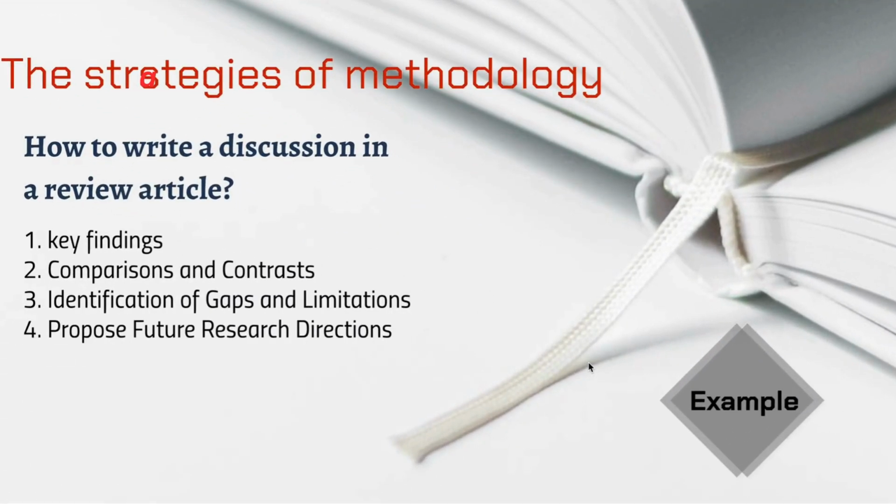Firstly, you have to focus on your key findings. Secondly, try to mention the comparisons and contrasts. And thirdly, try to find out the gaps and limitations. Finally, you have to discuss the future research directions.